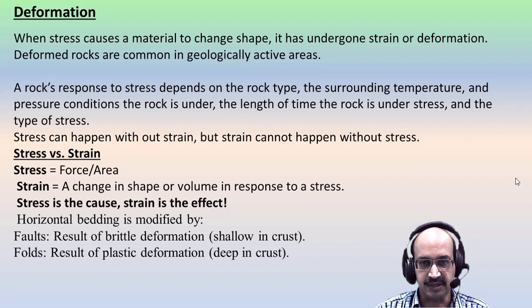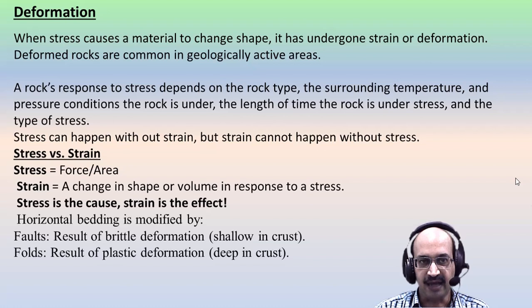A rock's response to stress depends on the rock type, the surrounding temperature and the pressure conditions, as well as the length of the time the rock is under stress and the type of stress. So these are the various factors which govern the deformation.